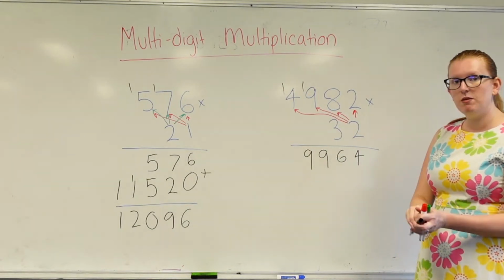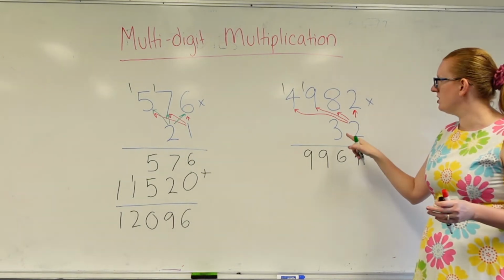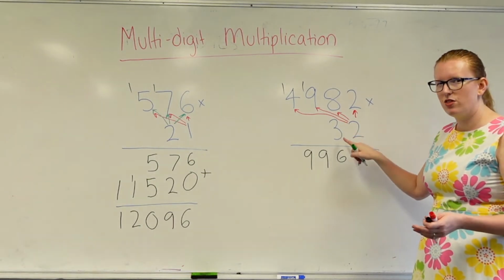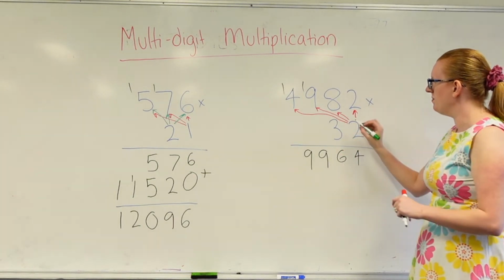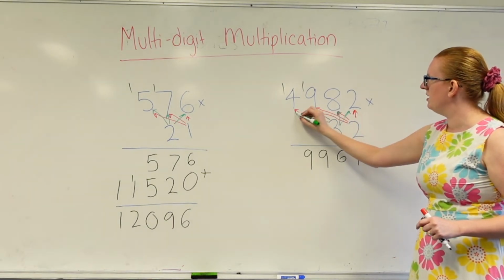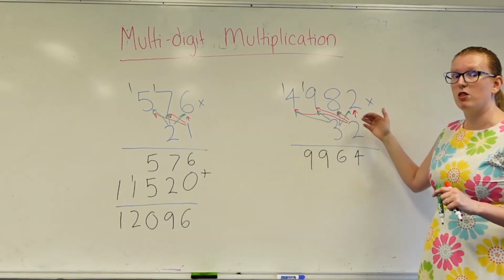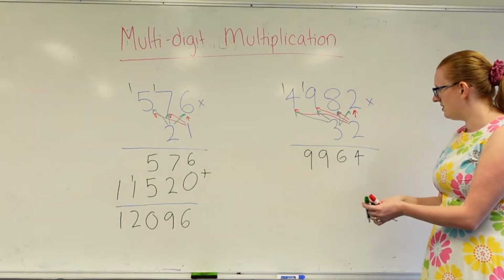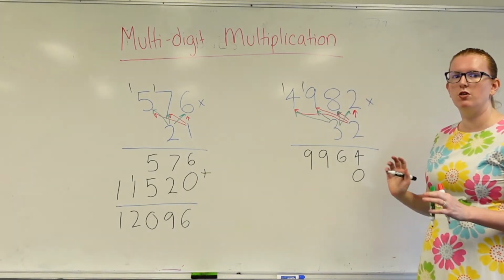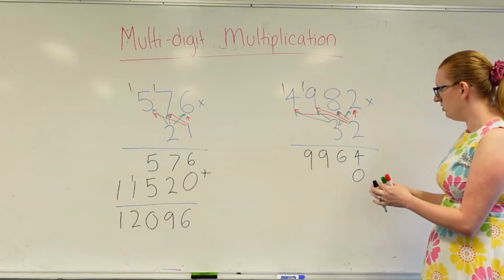Awesome. Now I'm going to move on to this 3. But this 3 doesn't just represent the number 3, it's actually the 30. It's 30 out of the 32. Okay? So I'm going to be multiplying each of these numbers by 3, but because it's not just the number 3, it's actually the number 30, I need to put down a 0 as a placeholder to show that I'm multiplying by the tens column now. Alright, cool.